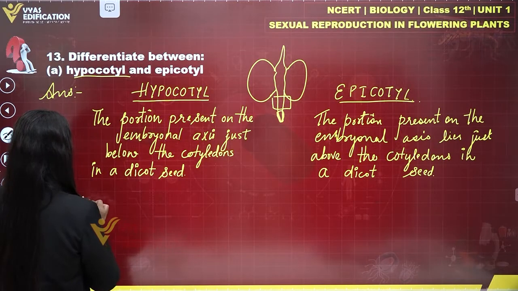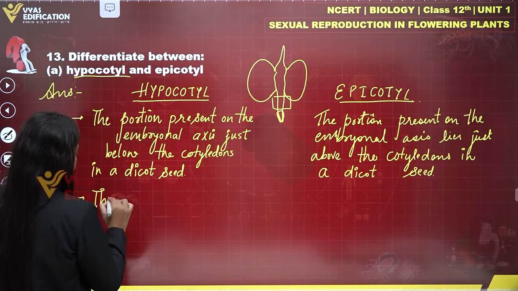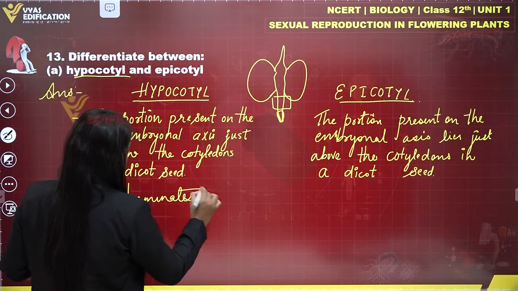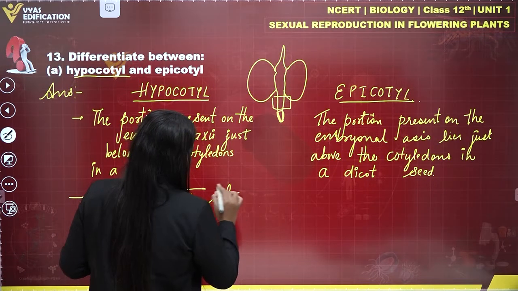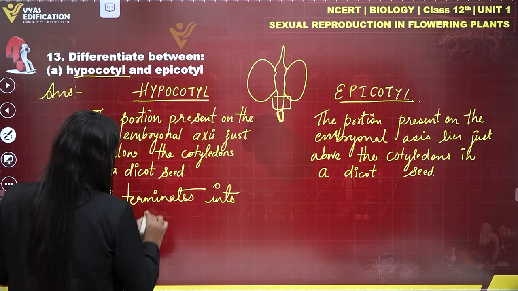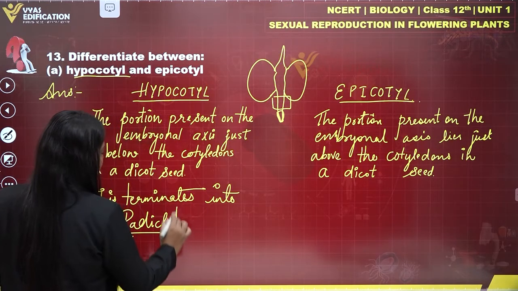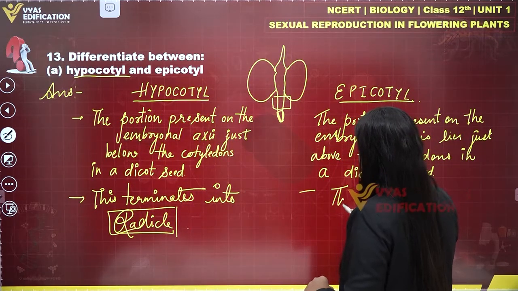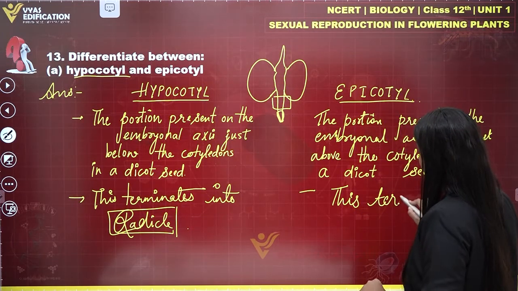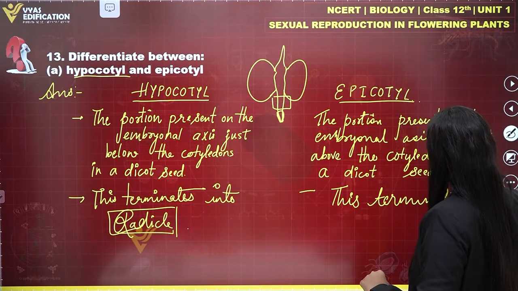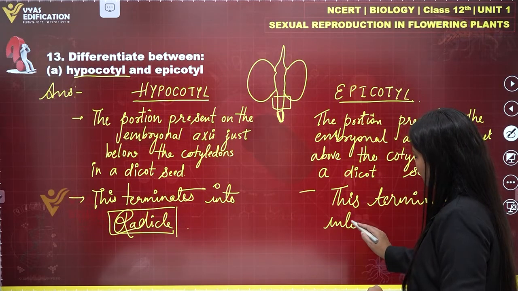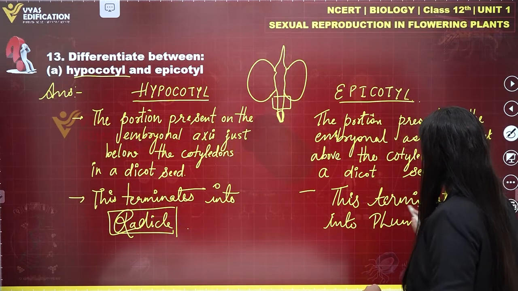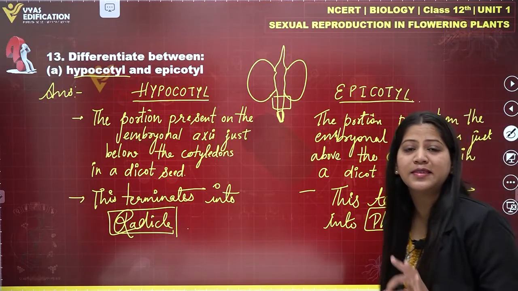Alright, so this hypocotyle terminates into radicle, and this epicotyle terminates into the region known as plumule, and this plumule is going to give rise to the shoot system of the plant.